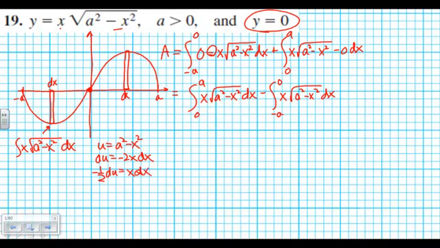When I do that, I get negative 1/2 u to the 1/2 du, or negative 1/2 times 2/3 u to the 3/2 plus c.